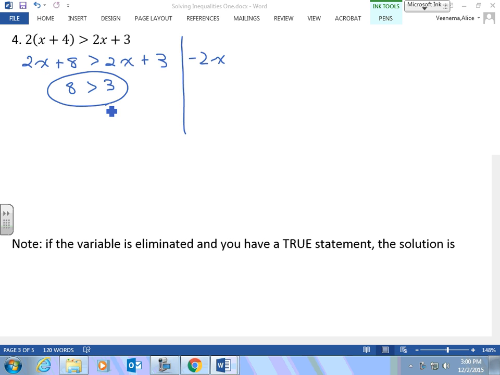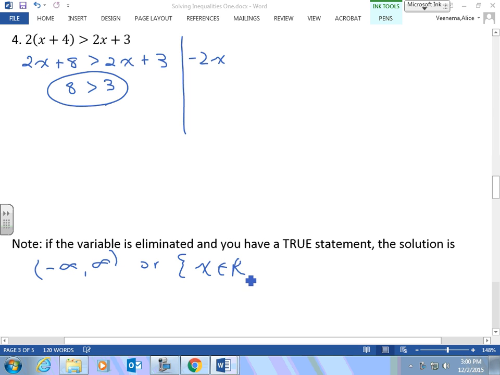So the solution is negative infinity to infinity, or we could write it as x is all real numbers. Okay? And it's really important that when you have a solution like this, that you do write it in one of these two methods, saying that all values of x are included in the solution.